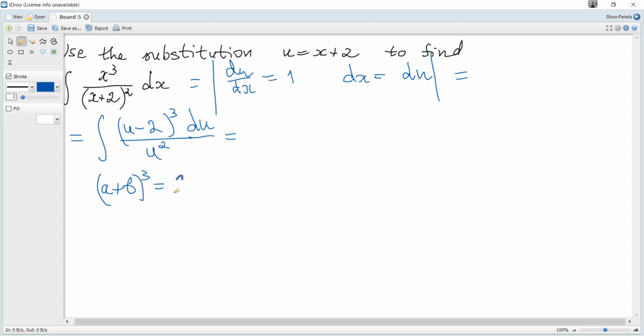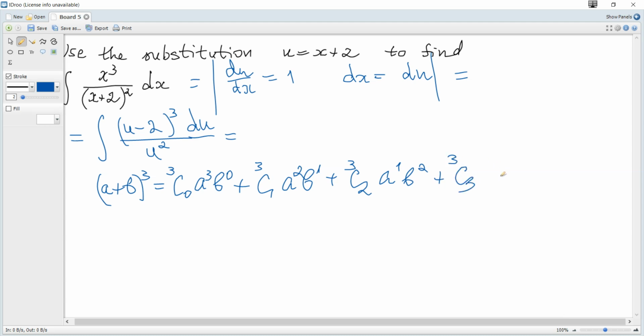So it looks like combination 0 out of 3 a cubed b to the power of 0 plus combination 1 out of 3 a squared b to the power of 1 plus combination 2 out of 3 a to the power 1 b squared plus combination 3 out of 3 a to the power of 0 b cubed, and coefficients are 1, 1 2 1, 1 3 3 1.